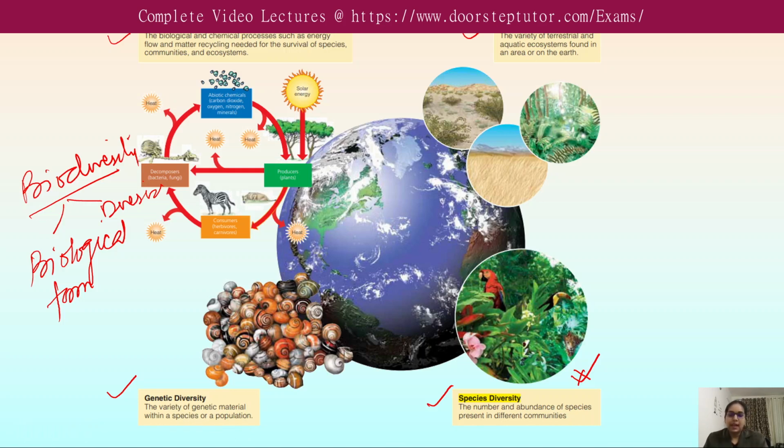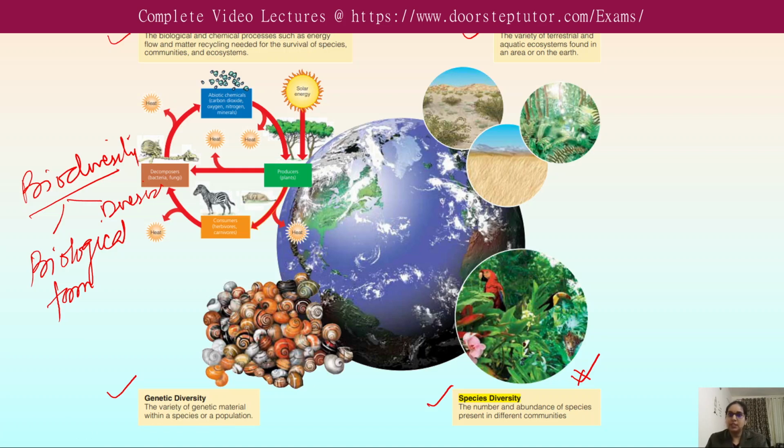Or we can say that the variety of the Earth's species, the genes they contain, the ecosystems in which they live, and the ecosystem processes such as energy flow and nutrient cycling, all of which sustain life, encompass biodiversity.